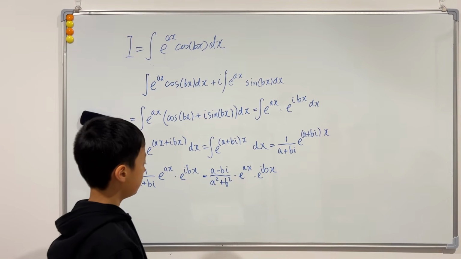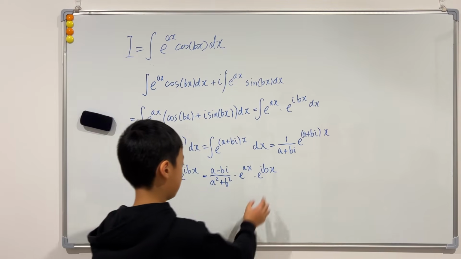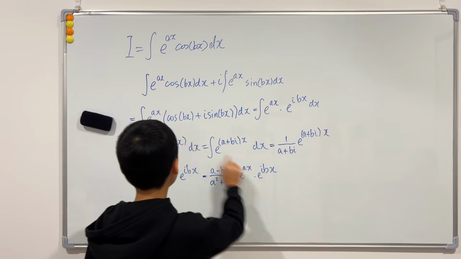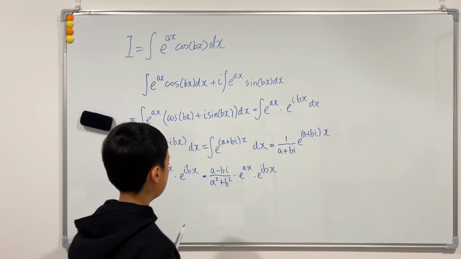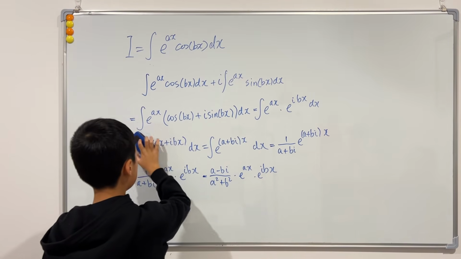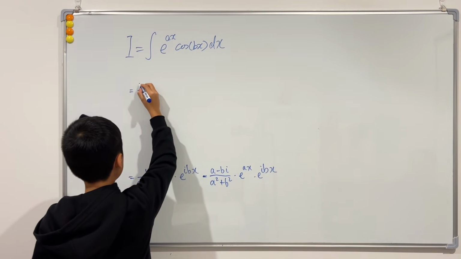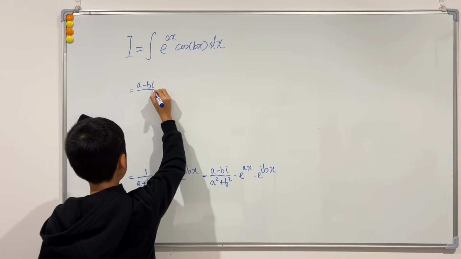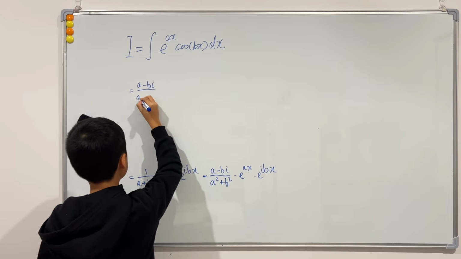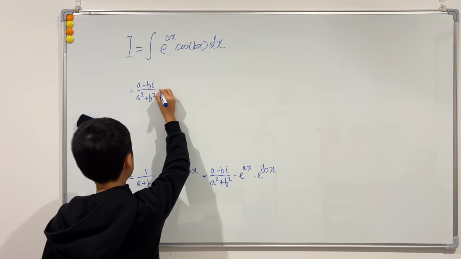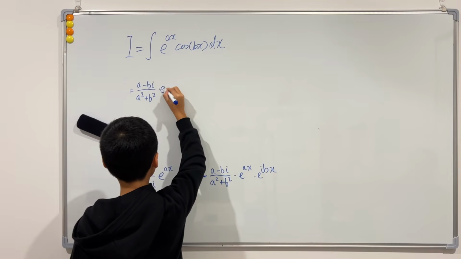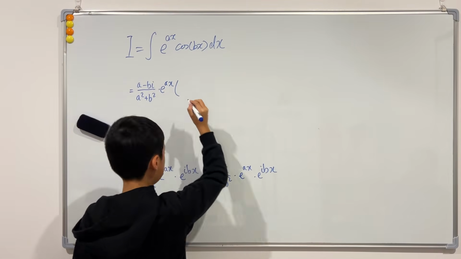Okay, so now we are actually going to change this back into this. So if I club everything out, this will be a minus bi over a squared plus b squared times e to the ax bracket.